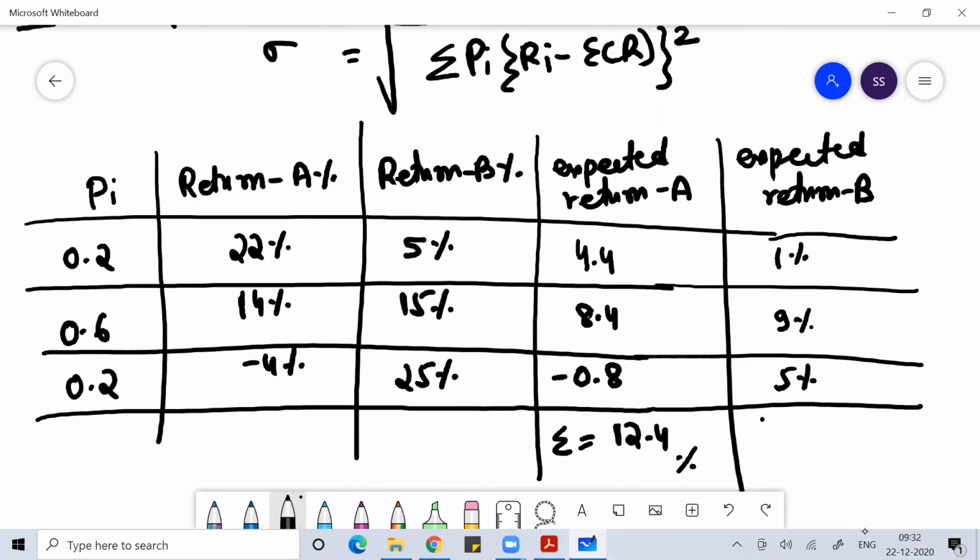So the expected return here is 15%. So you got the expected return on A and B.